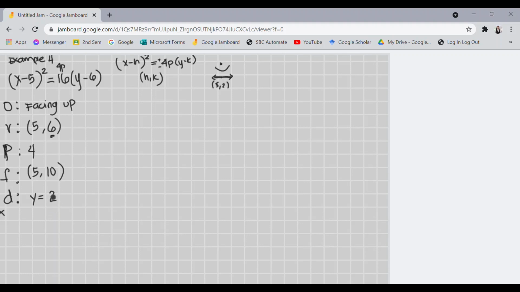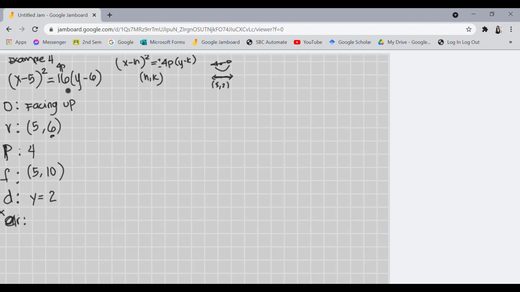Okay? And then for the endpoints of the latus rectum, from (5, 10), the parabola is facing up, so the movement going to the endpoints will be to the right side and the left side.